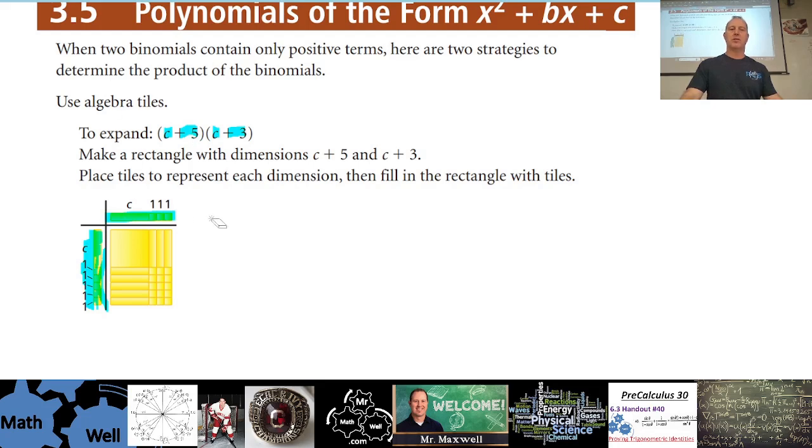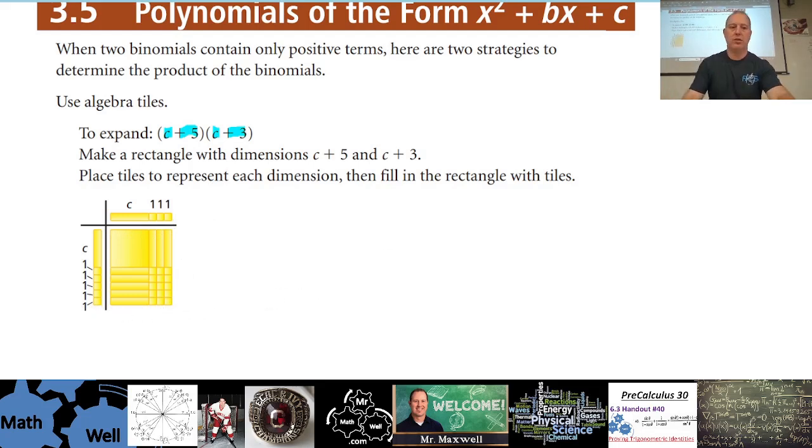Now what's the significance of that? Well, if we were to arrange these tiles as dimensions, length and width, what we would see is that we could form, with other algebra tiles, a rectangle that fully completes this rectangle with those dimensions. All right, that's kind of cool.